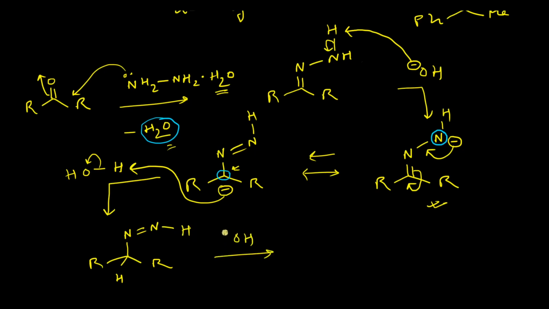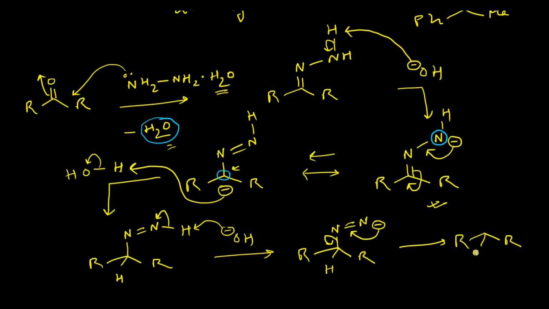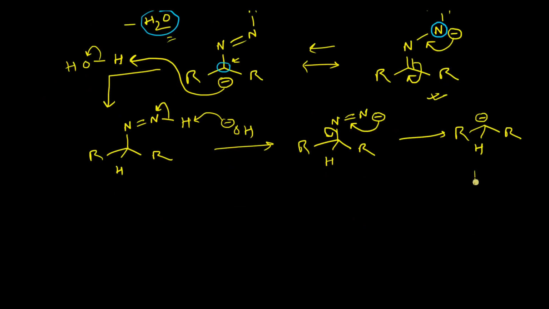Then OH minus will again abstract this remaining hydrogen on the nitrogen center, and this will result in the formation of another anion. And then this negative charge will form the nitrogen-nitrogen triple bond, and this particular carbon-nitrogen bond will break, and it will lead to the formation of a carbanion, which will then immediately abstract a proton from the water which is present in the reaction media.